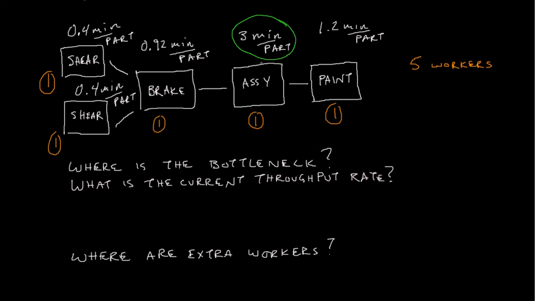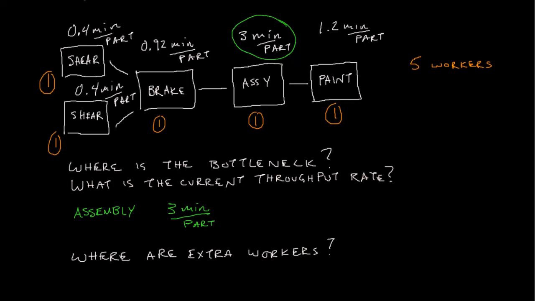So the bottleneck appears to be in assembly, and the current throughput rate is 3 minutes per part.